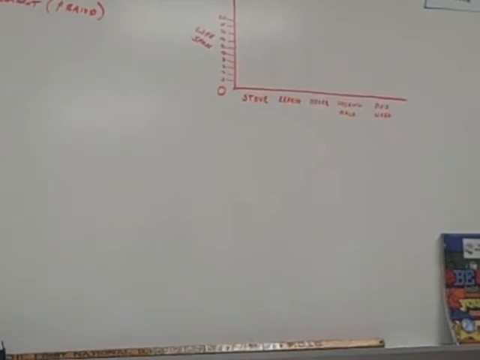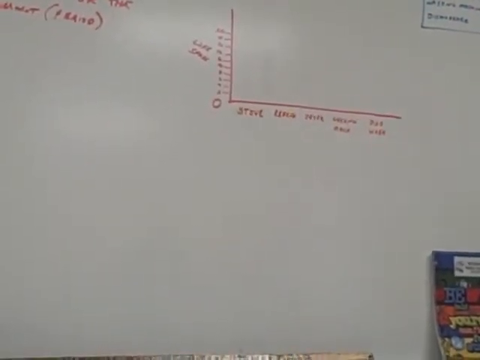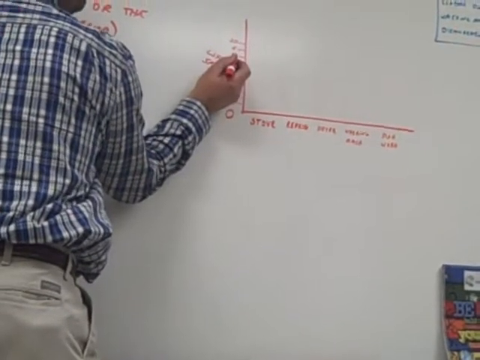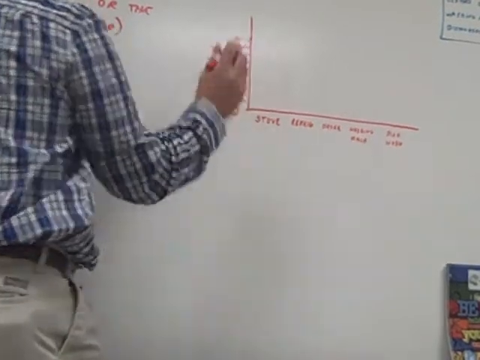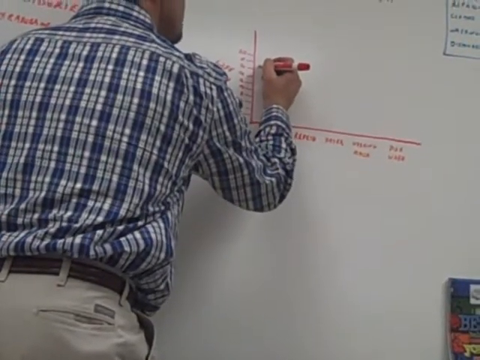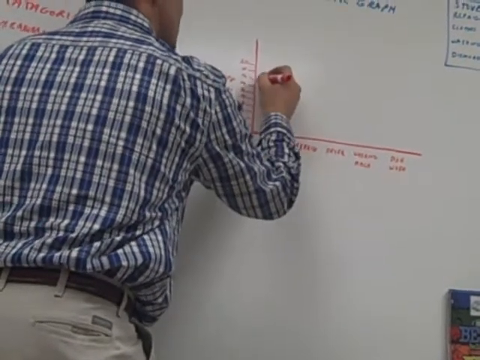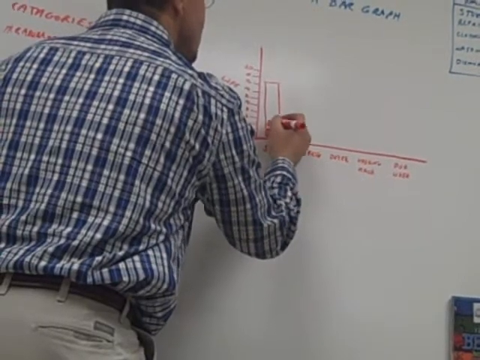All right, now can we start making our bars to represent the number of those? Okay, what is the stove? 17. So above the 16 but below the 18, above the stove, mark a line across and draw a bar down to stove and shade it in.